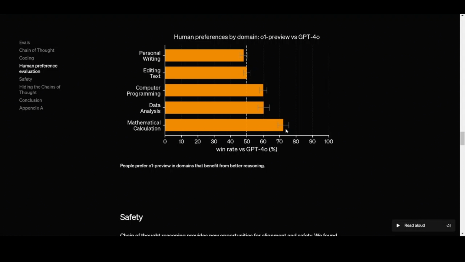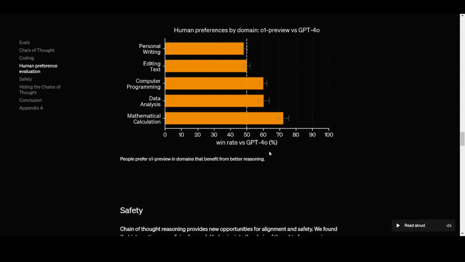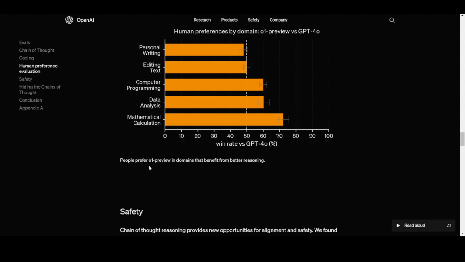O1 Preview is preferred to GPT-4o by a large margin in reasoning-heavy categories like data analysis, coding, and math. However, O1 Preview is not preferred on some natural language tasks, suggesting that it is not well-suited for all use cases. The graph suggests that maths and coding were the first choice for most people. But I wonder how it would compete with Claude 3.5, which is the favorite for many people.